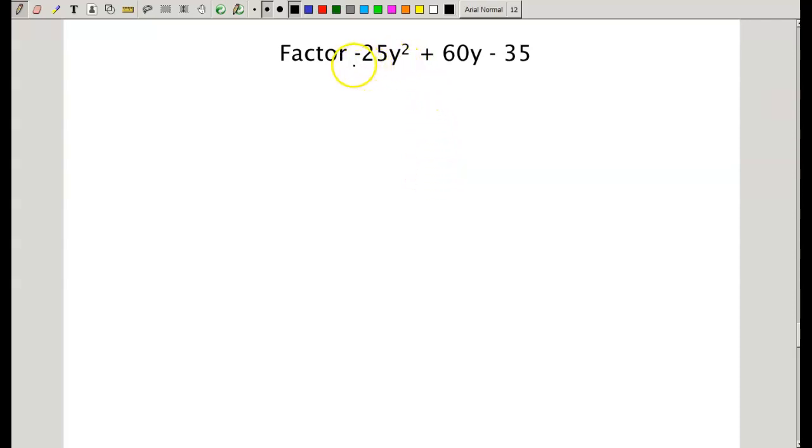And I'm noticing here that everything could be divided by 5. So I'm going to divide everything by 5. And since I would like to have this first term be positive, I'm going to divide everything by -5, just for convenience sake. So I'm going to factor out a -5.